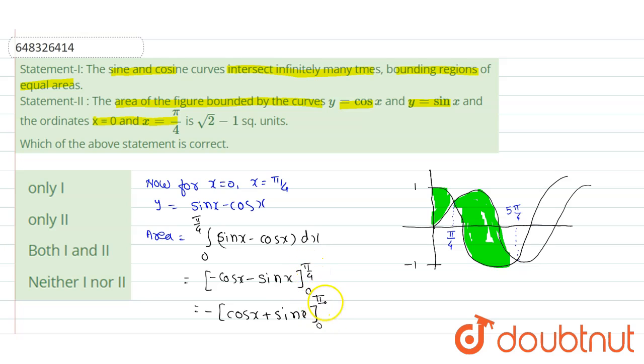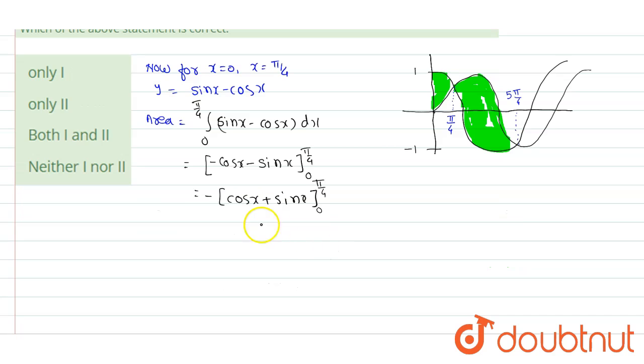That equals minus the modulus of (cos pi by 4, which is 1 by root 2, plus 1 by root 2, minus cos 0 which is 1, plus 0).